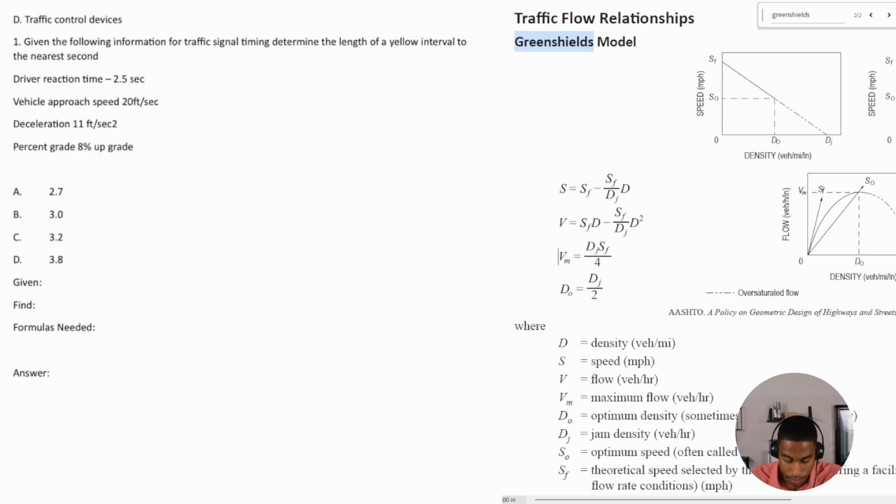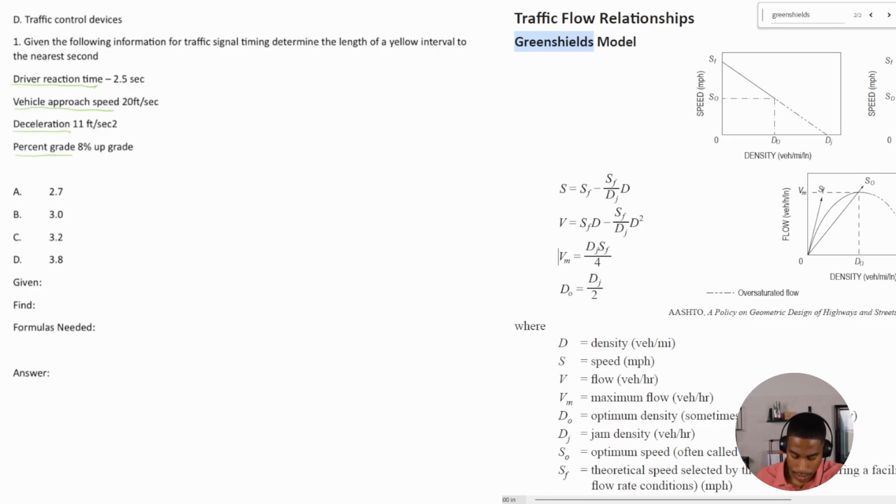They're going up. Okay, so this is good information for us. Let's write out what we're given. First thing is the driver reaction time. We're also given vehicle approach speed, deceleration, and percent grade.